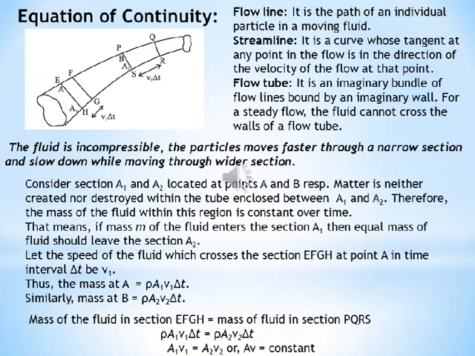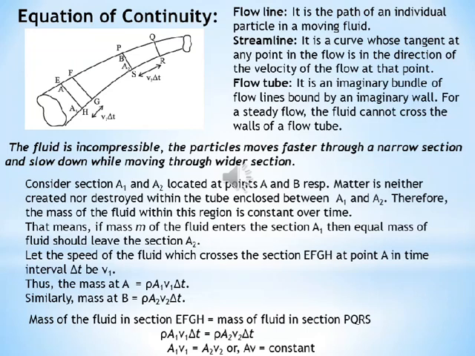So we got volume as A1 V1 delta t. Thus the mass at A is rho A1 V1 delta t. Similarly, the mass at B will be rho A2 V2 delta t. Rho must be the same because it is the same liquid flowing through the flow tube from point A to B.